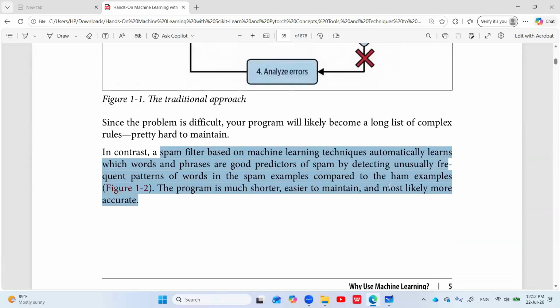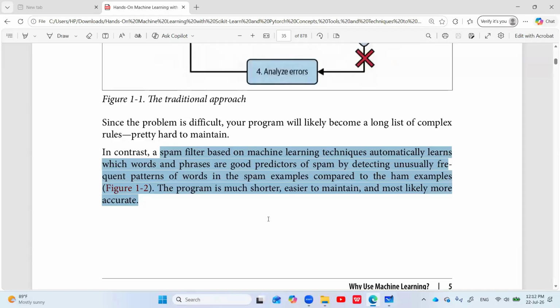Okay, in a spam filter based on machine learning, unusual patterns, okay, anomalous behaviors are available.